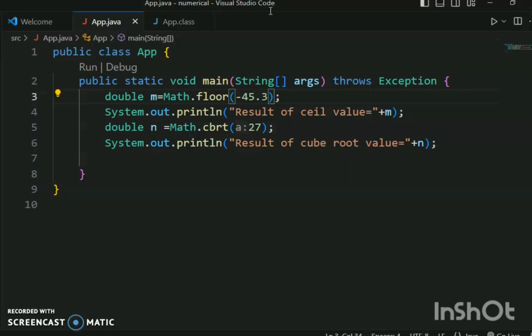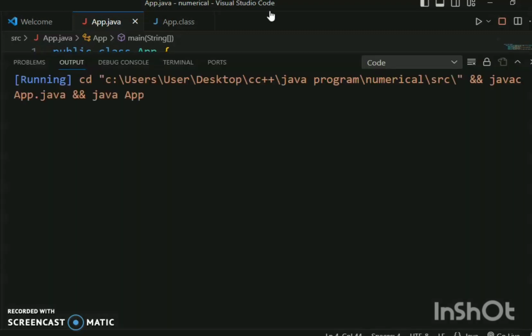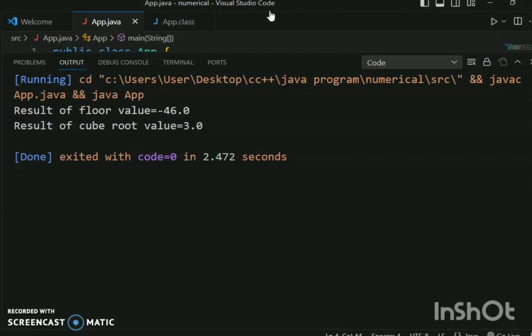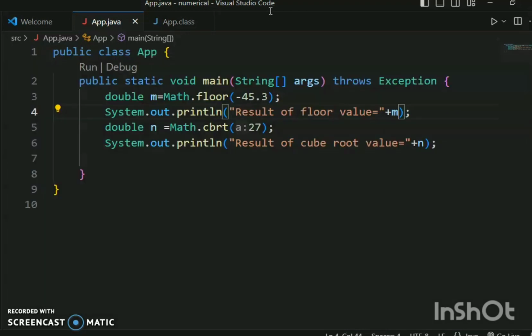So what we will get, we have to write the floor value. Okay, floor value. So what is my answer? It is minus 46. Okay, floor function and ceil function both are different. You will observe this through the value.